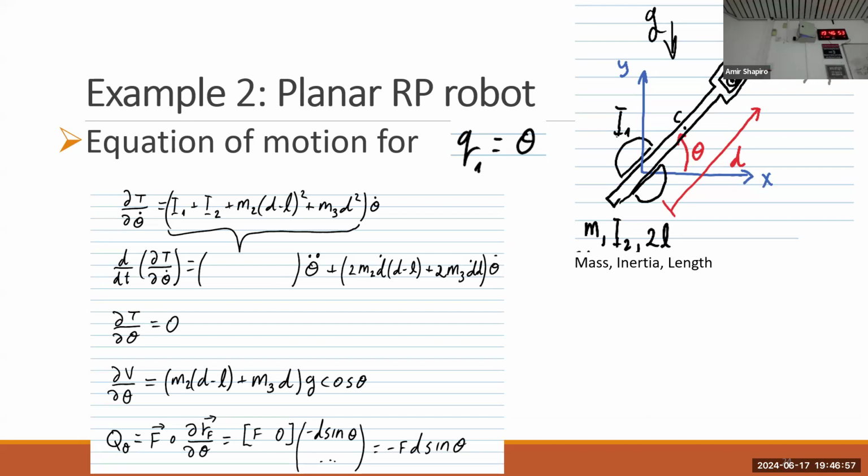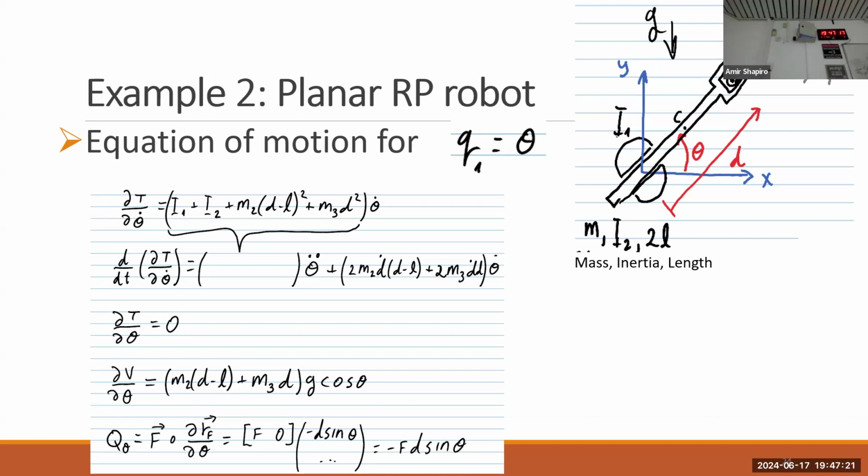But d is changing. So I have the square m2 d dot times d minus l, and you get here d dot d. And everything times theta dot.